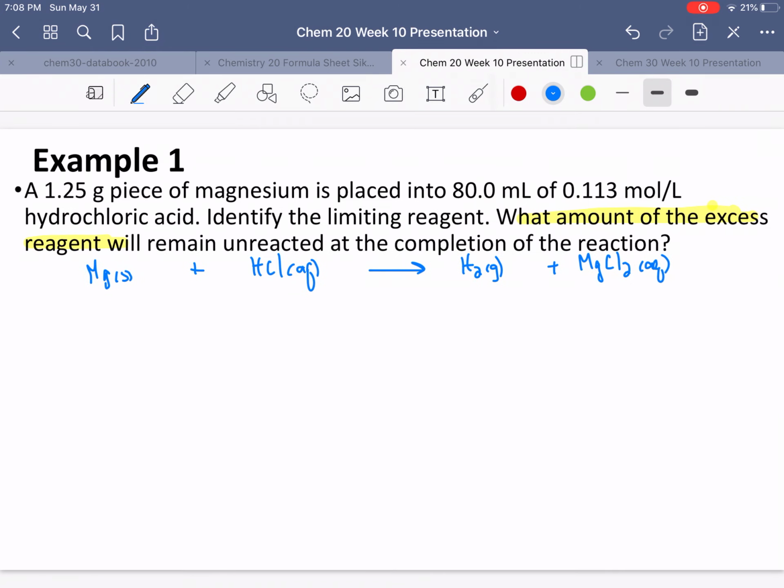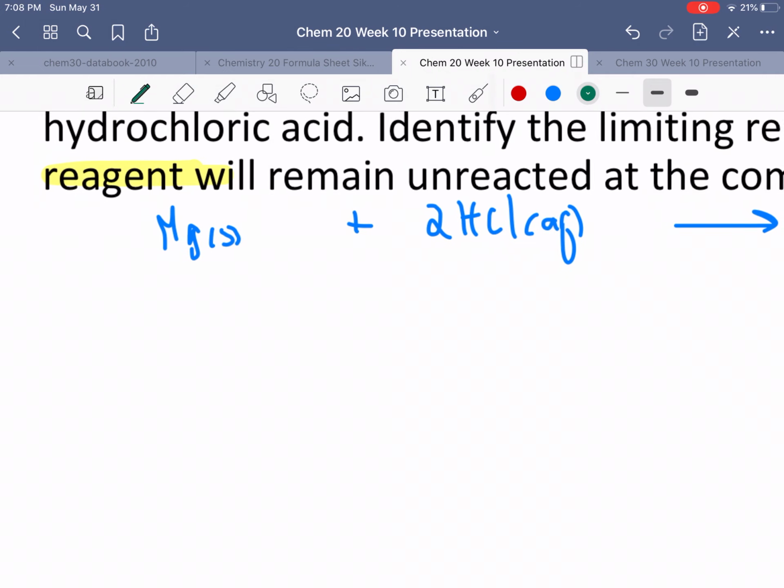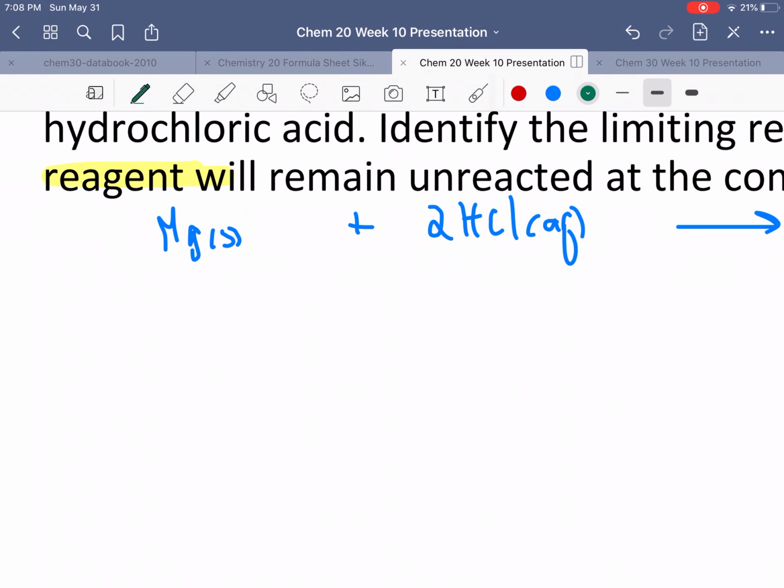Step 2, let's figure out the amounts of both of these things. So going into step 2, I've been given a mass of magnesium, and in the question it's 1.25 grams. Well, molar mass is super useful here so that I can get the amount in moles. It's 24.31 grams per mole.